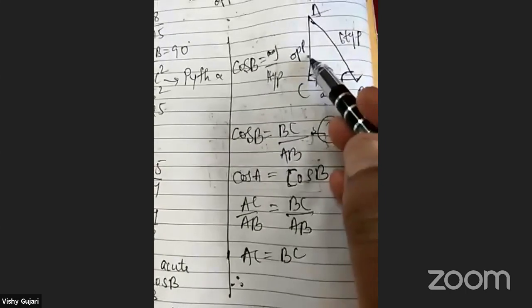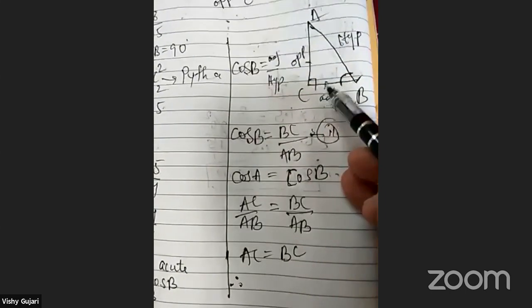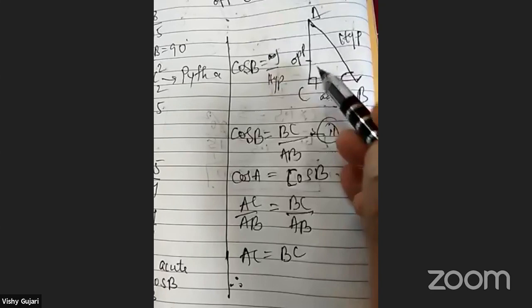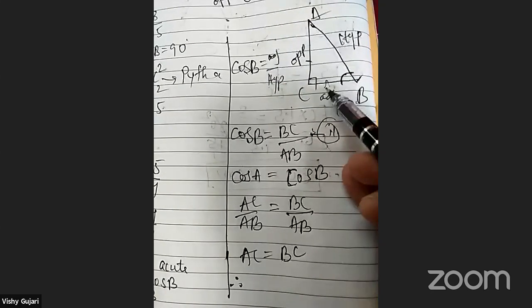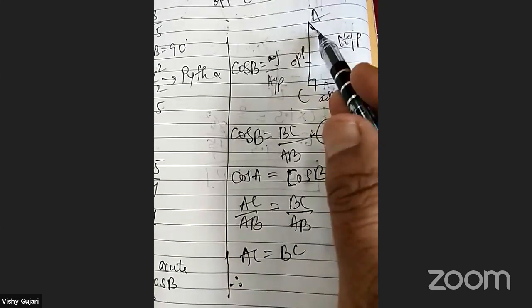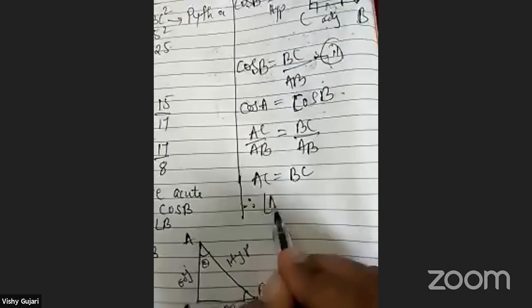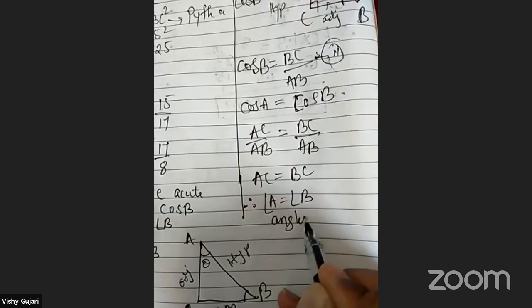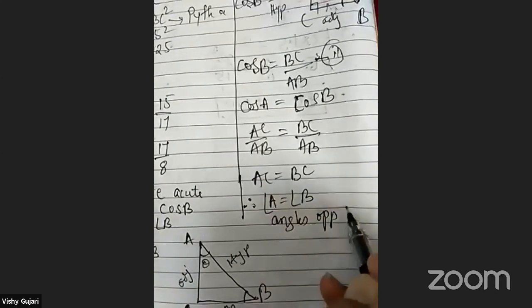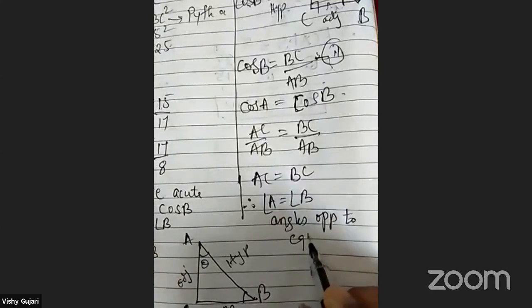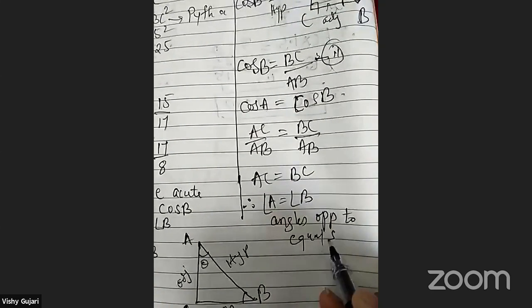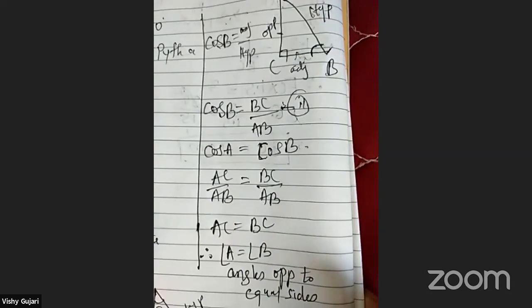Therefore, in a given triangle, if two sides are equal, their opposite angles are also equal. Hence, angle A is equal to angle B, because angles opposite to equal sides are equal. Write down.